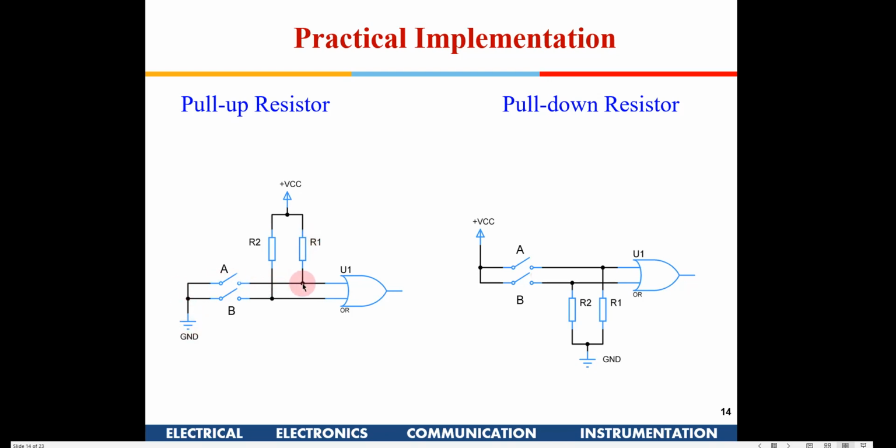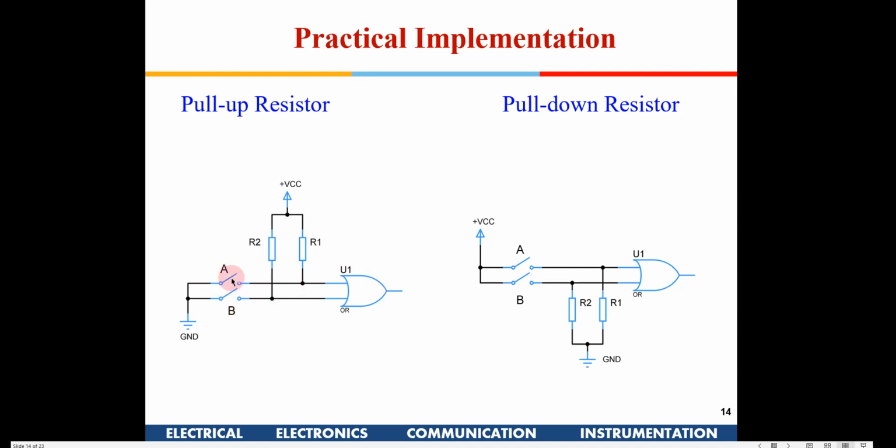You have this ground coming here, so it will become 0 here. Similarly, whenever you switch B on, B will become 0 here. So the switch in the off position means 1 and in the on position it means 0. This way you can implement it.